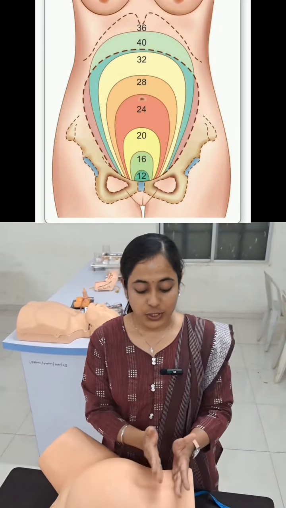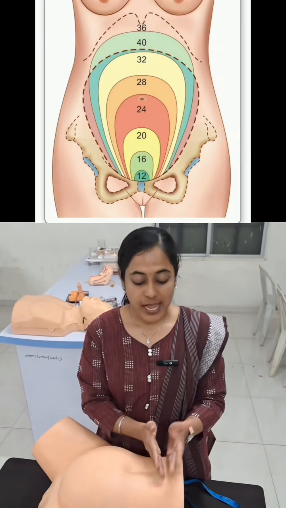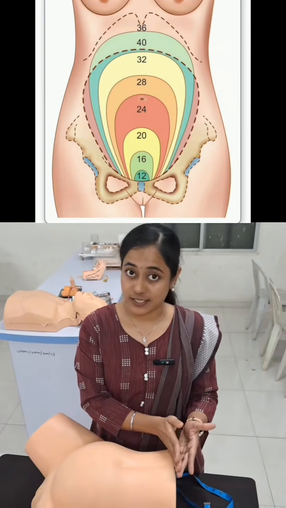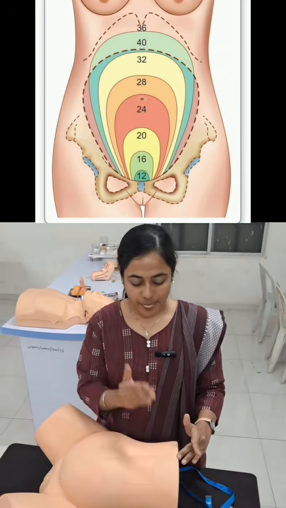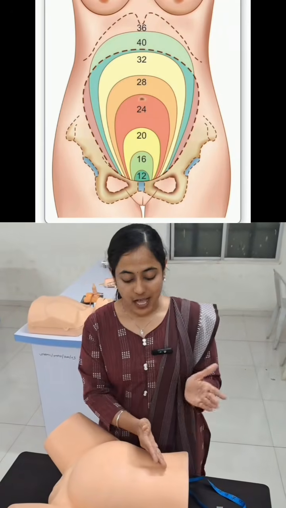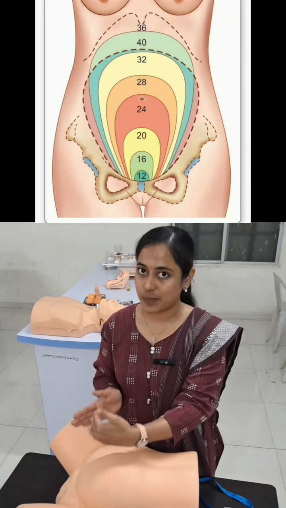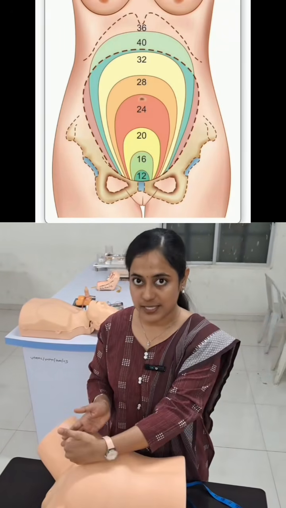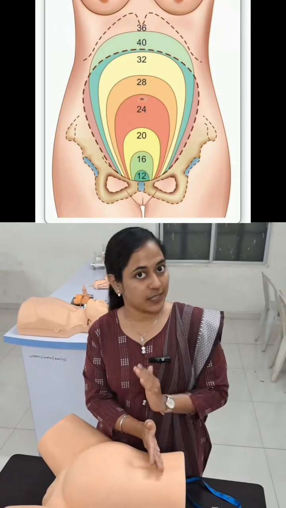And if it is up to the 2/3, then that is 32 weeks of the pregnancy. And if the fundal height is up to the xiphisternum, then this is 36 weeks of the pregnancy. After the 36 weeks, the head starts descending down into the pelvis, so after 36 weeks there is a slight decrease in the fundal height.